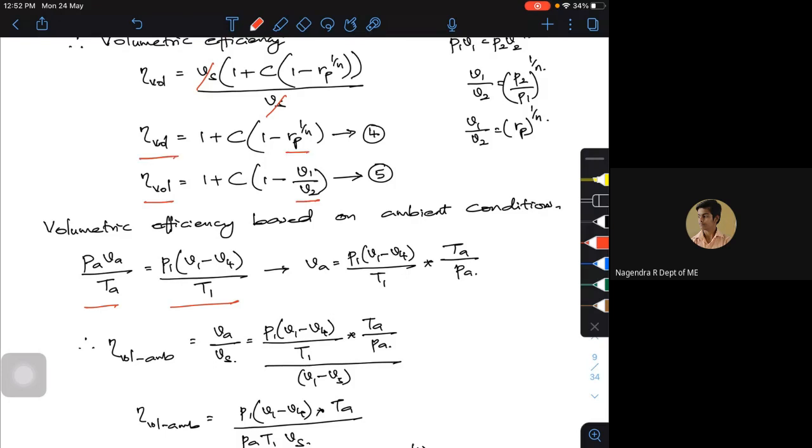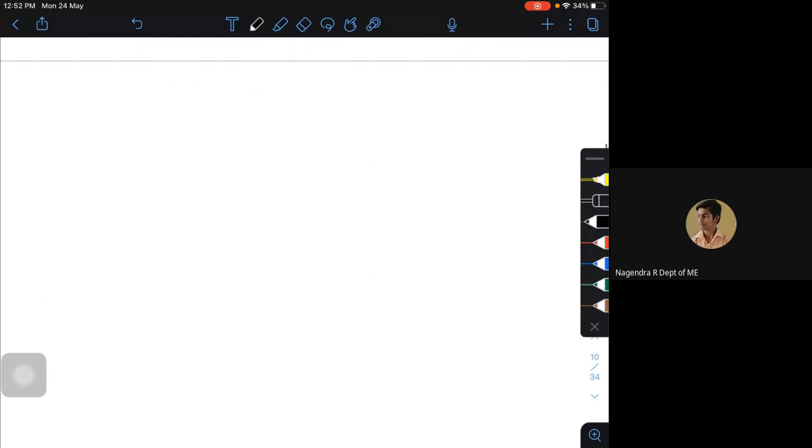To be very precise, it is a function of pressure ratio. I can cross-check this value by drawing a graph, with the pressure ratio Rp on the x-axis and volumetric efficiency on the y-axis.